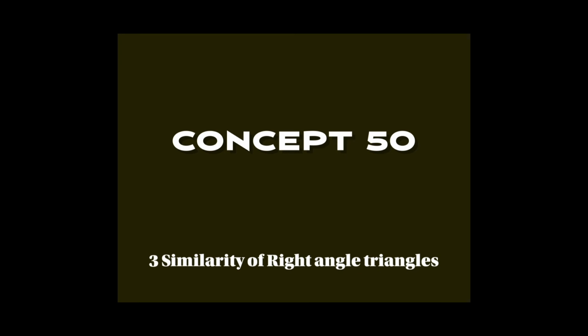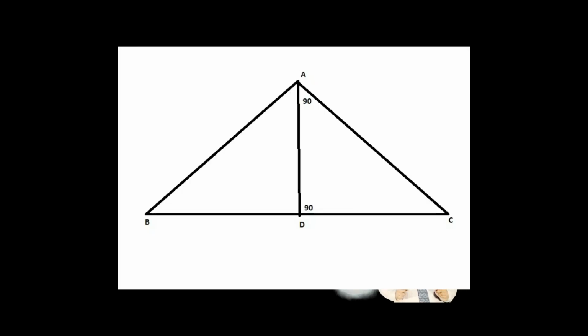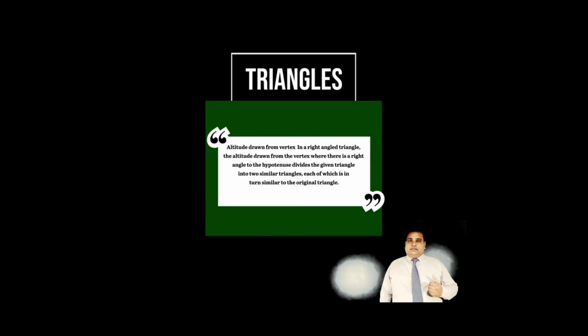Concept number 50, similarity of triangles, again when an altitude is drawn from the vertex. In a right angle triangle, the altitude is drawn from the vertex where there is a right angle to the hypotenuse. It divides the given triangle into two similar triangles, and each is in turn similar to the original triangle.